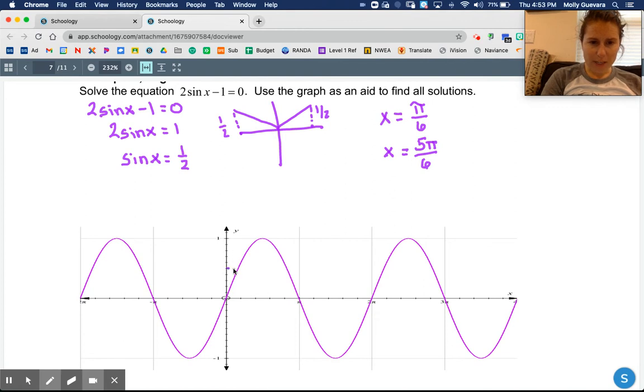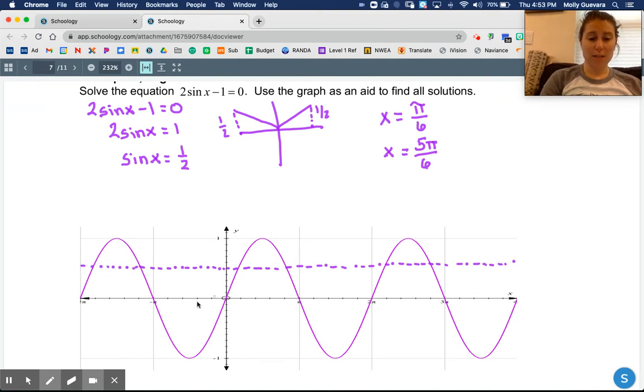So right here, at 1/2, hopefully your straight line is better than my straight line. Okay, so this is 1/2. So I want to know when sine of x is 1/2. Well, it's 1/2 right here at pi over 6.